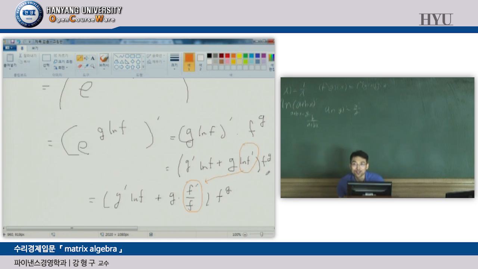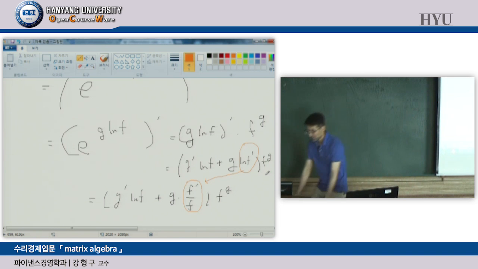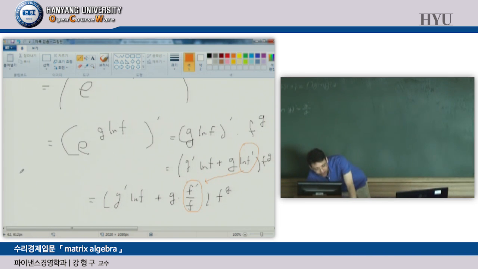We learned that ln f(x) prime is, again, simply the chain rule. First is the log function, so 1 over f(x), and then with the chain rule we have to add f prime, so we have basically f prime.